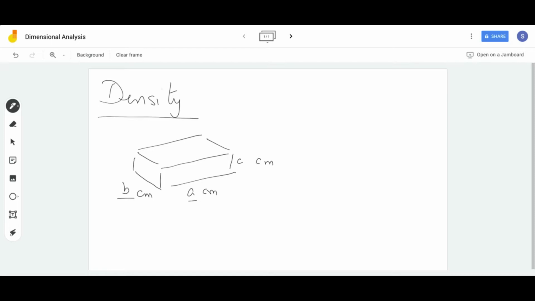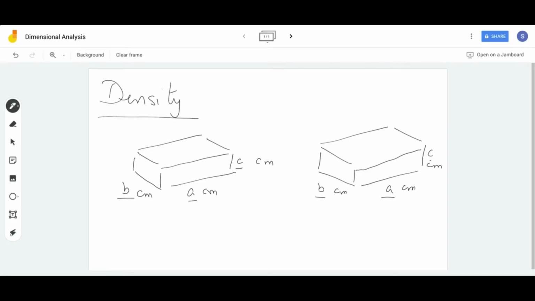Now I've got two cuboids of the same type, so I can do this again. I'm pretty bad at drawing. I shouldn't be, I'm an engineer, but I'm pretty bad at drawing. So A centimeters, B centimeters, and this Chromebook doesn't really help much. There are latency issues, but anyways, we've got A, B, C centimeters.